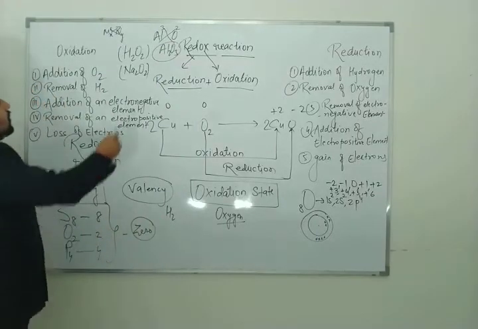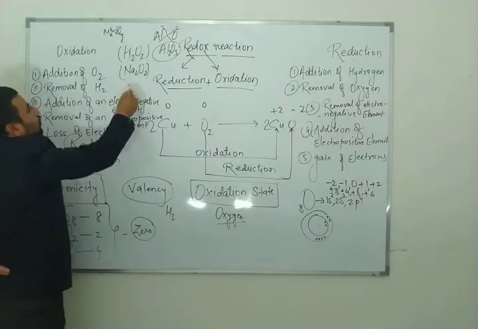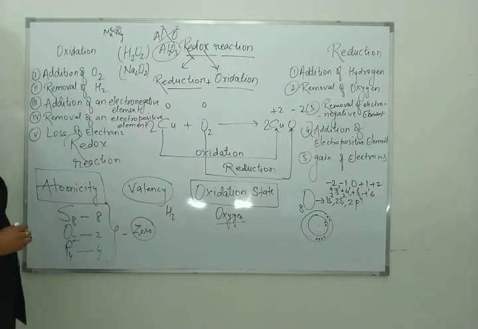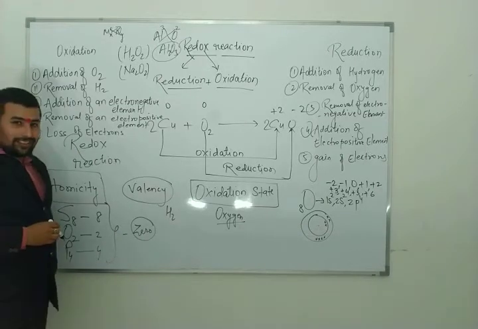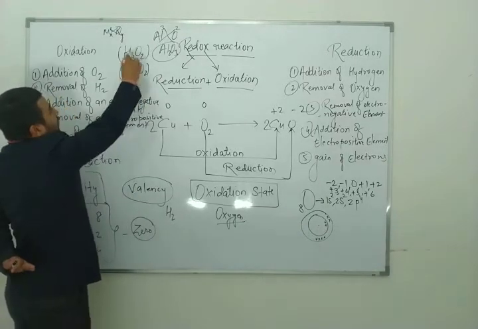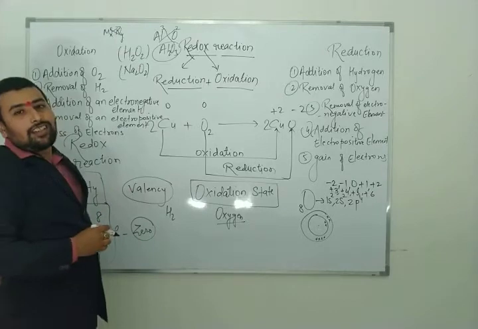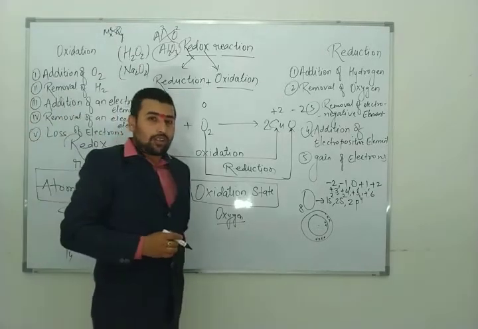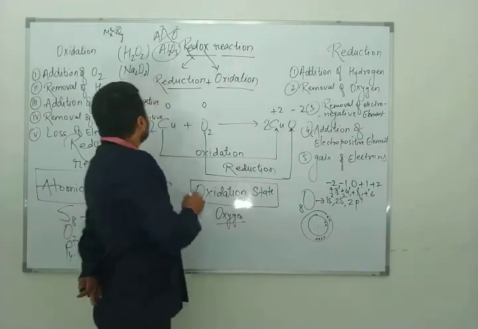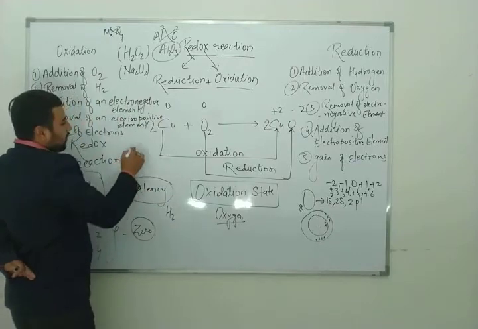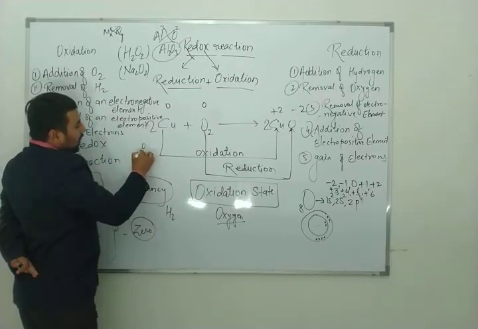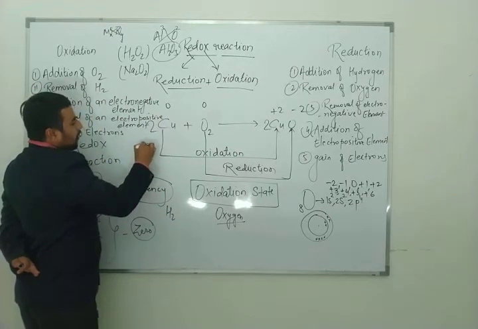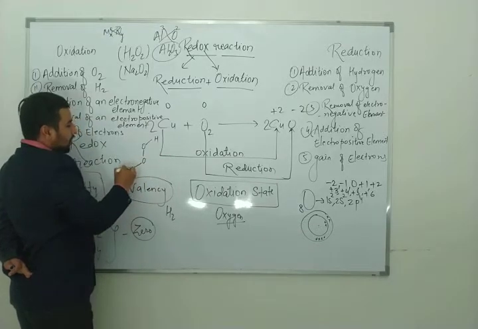But here what will you say? Oxygen valency 2 and hydrogen valency 2? No, dear students. Here hydrogen is in the +1 oxidation state. How is hydrogen peroxide structured? Oxygen is linked with oxygen, and oxygen is linked with hydrogen.